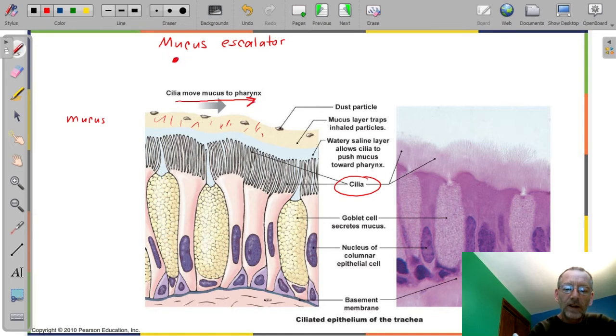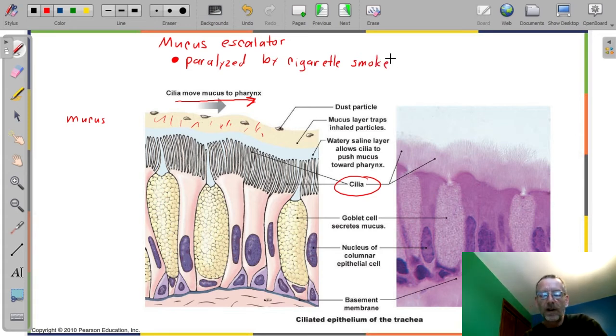This mucus escalator works fine until it gets paralyzed, and it can be paralyzed by cigarette smoke. Then the cilia become paralyzed and disorganized, they don't move the mucus out, and you wind up having to get it out of your lungs by the old smoker's hack.